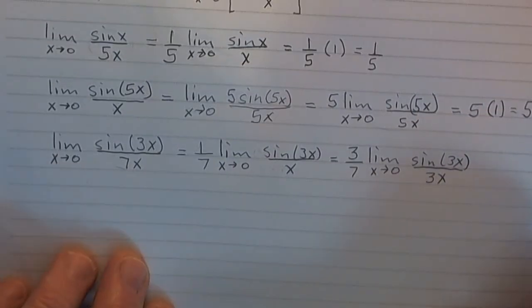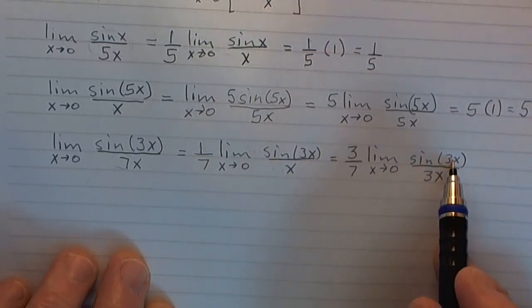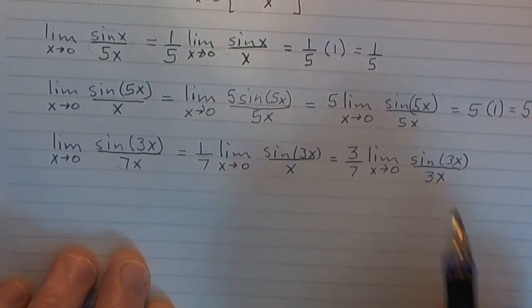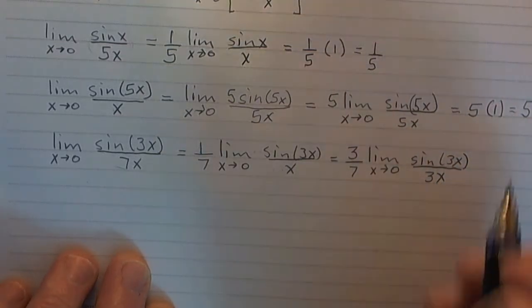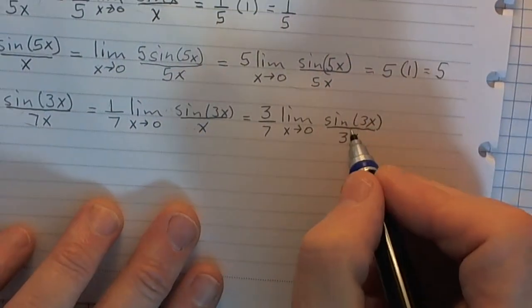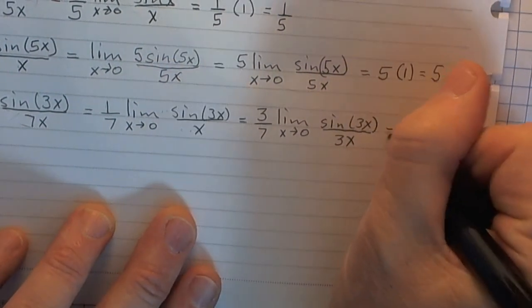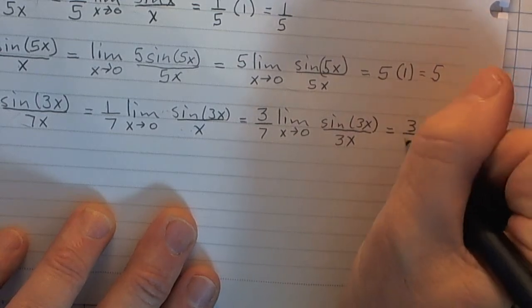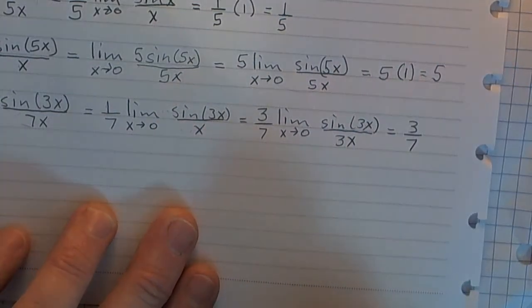Well, that's what I wanted. I got the same thing here as I do down here. Then we know that this limit here is 1. So this is 3/7 times 1, and that's my limit, 3/7.